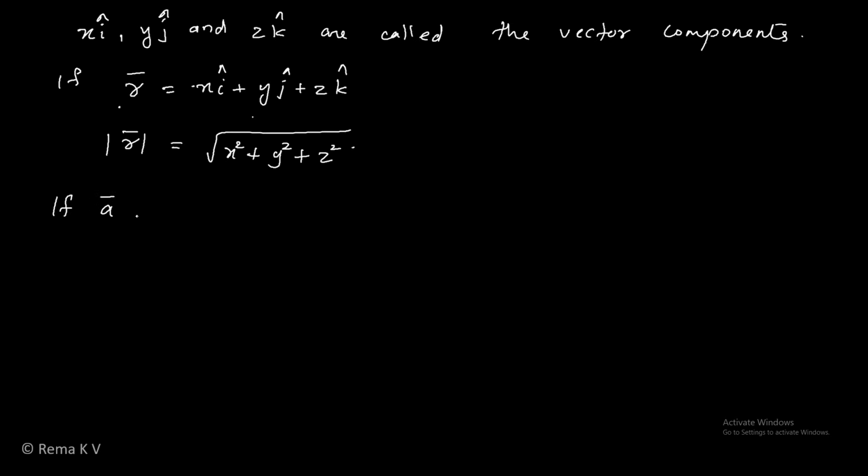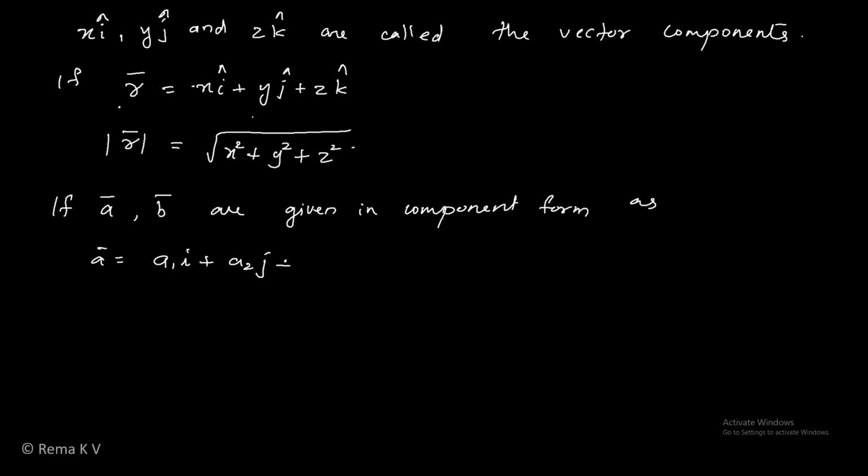If vector A and vector B are given in component form, as vector A is equal to a1i plus a2j plus a3k and vector B equals b1i plus b2j plus b3k.